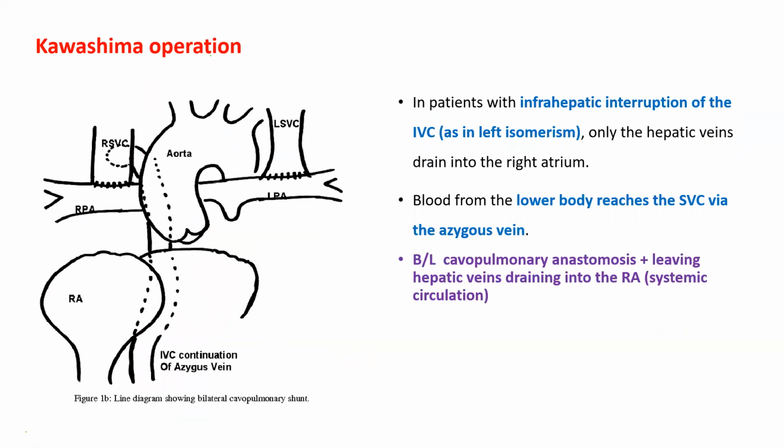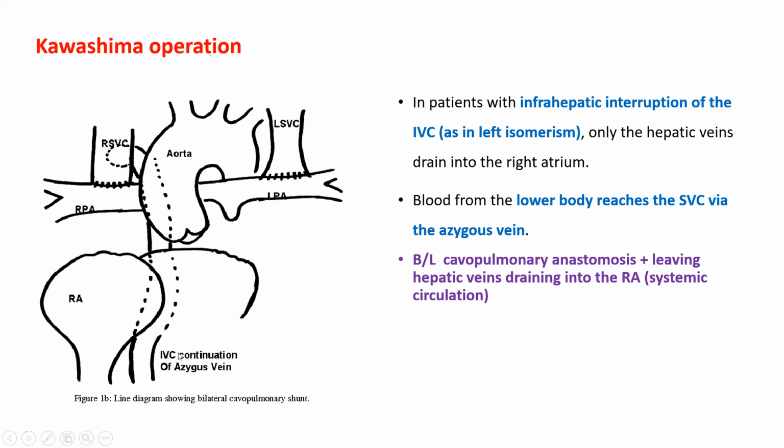Okay, so the Kawashima operation is done in cases of interrupted IVC, in which the IVC is continuing as the azygous vein and draining into the SVC. If any patient has this condition, interrupted IVC, we do a Kawashima operation. In this case, we do a bilateral cavopulmonary anastomosis, leaving behind the hepatic vein draining into the RA.